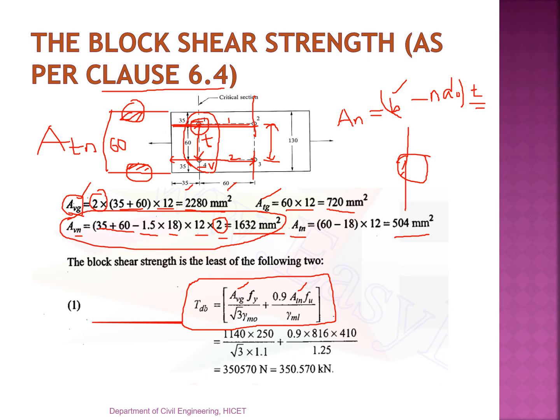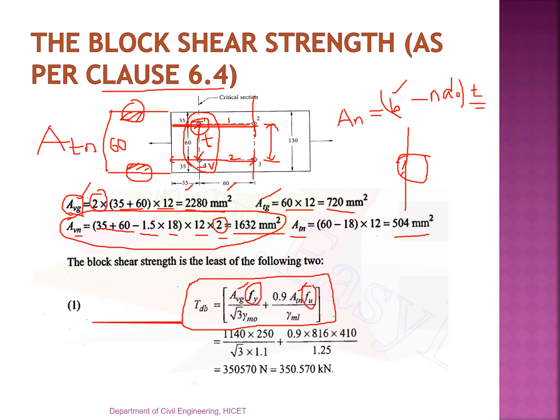By substituting these four values in the two formulas, we have the values of the two block shear strengths. The least of these two block shear strengths is called the design tensile strength due to block shear. Substituting AVG, ATN, then we already know the values of Fy and Fu.